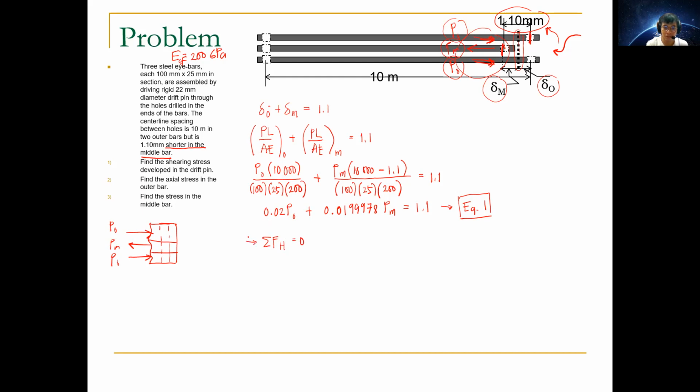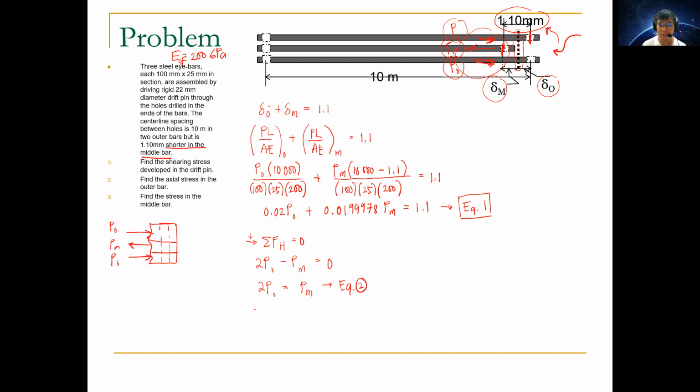Going this way is positive. So we have 2 P sub O, minus P sub M, which is negative, going to the left, equals 0. So P sub M is just twice the outer force. This is our equation number 2.